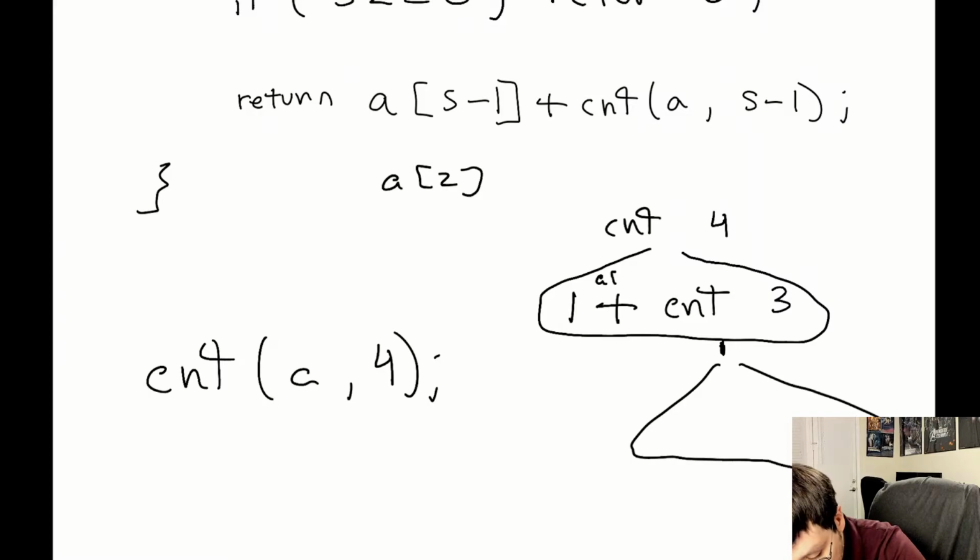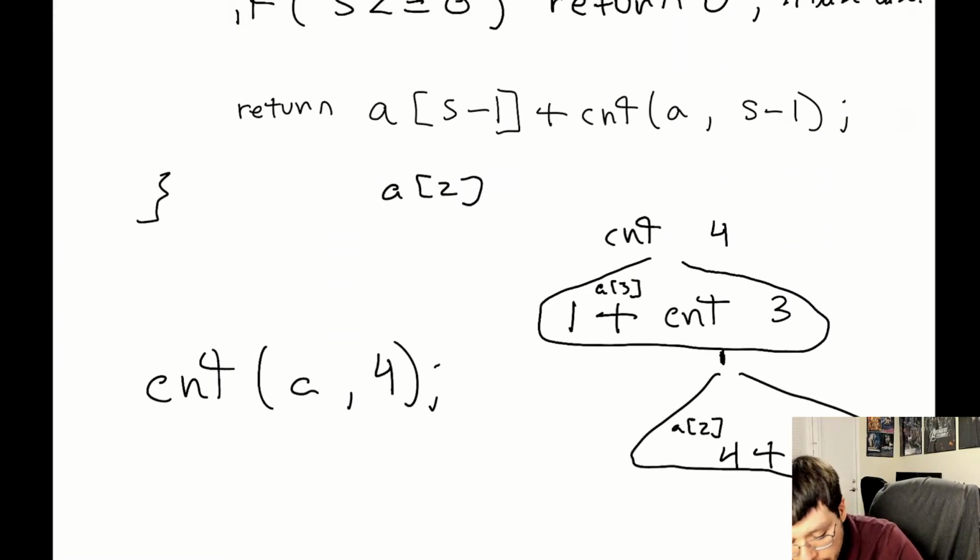So this is spot A3, and this is spot A2, which has a 4 plus CNT at spot S-1, which is spot 3 minus 1, which is 2. Okay?